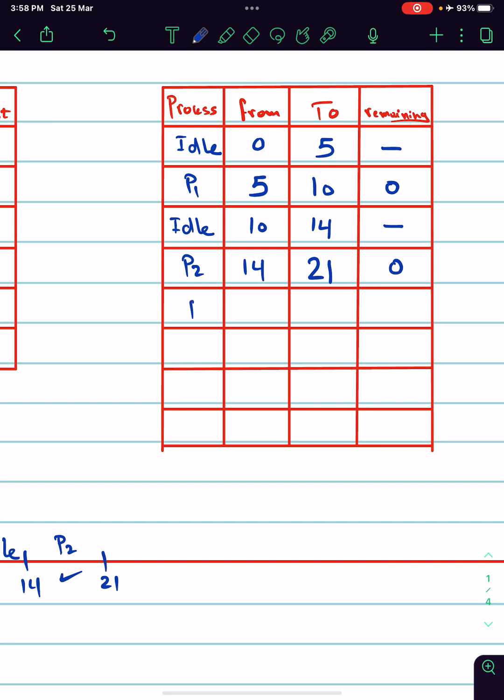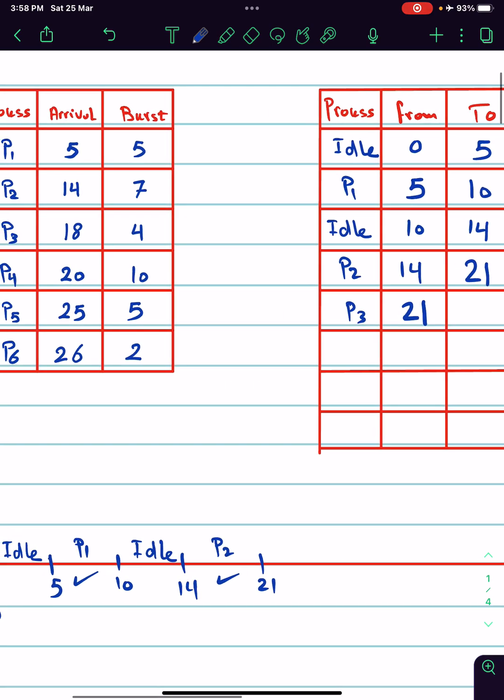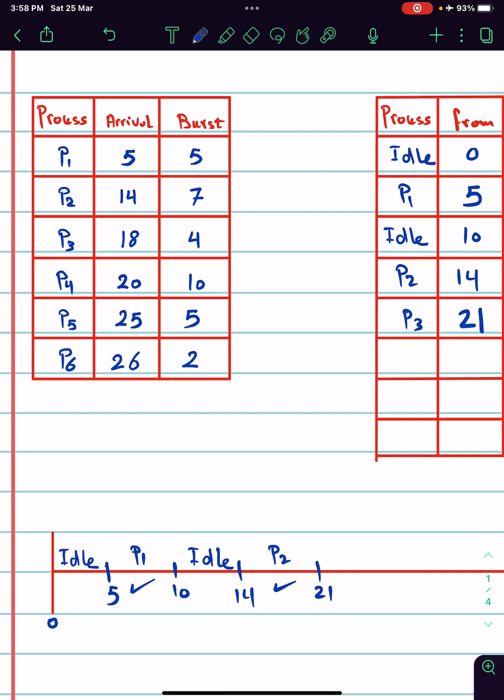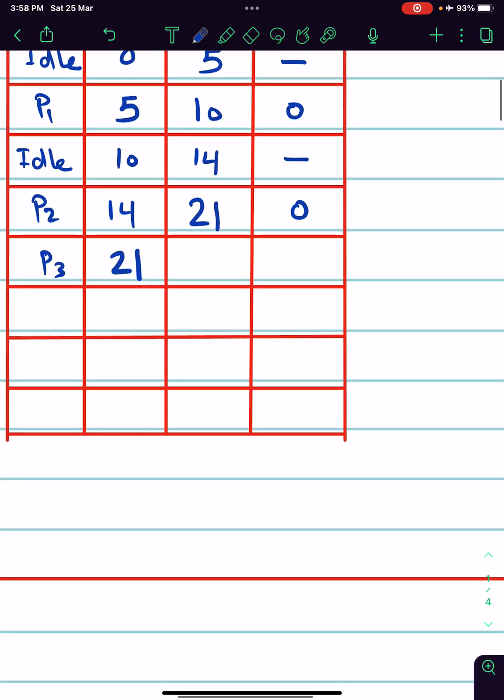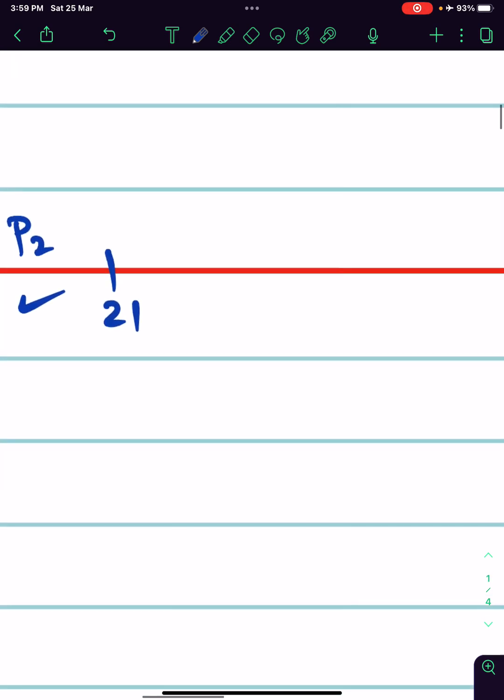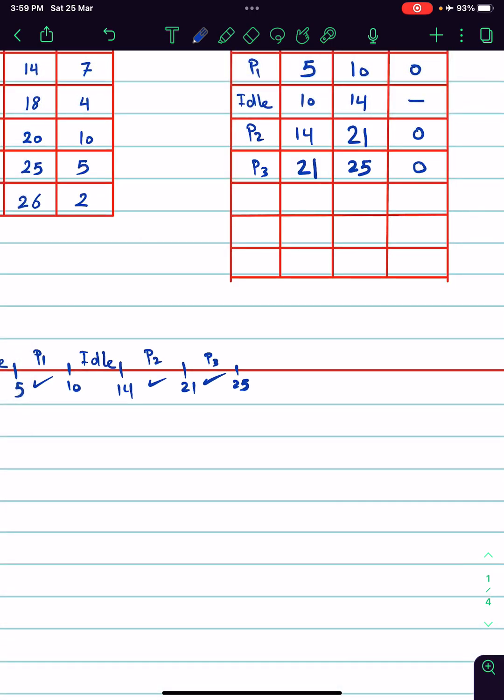So P3 will start processing from 21, not 18, the arrival. And P3 has a burst of 4, so it's going to be from 21 all the way to 25. And the remaining time again is 0 because it's non-preemptive. This is P3, and P3 is done.